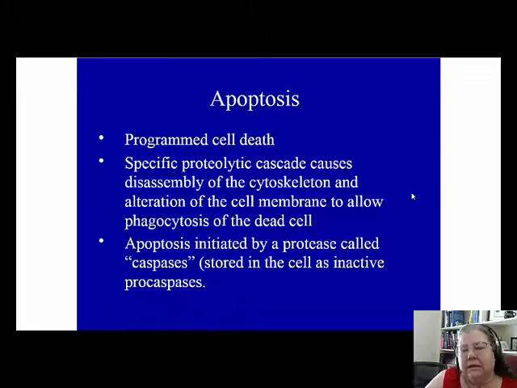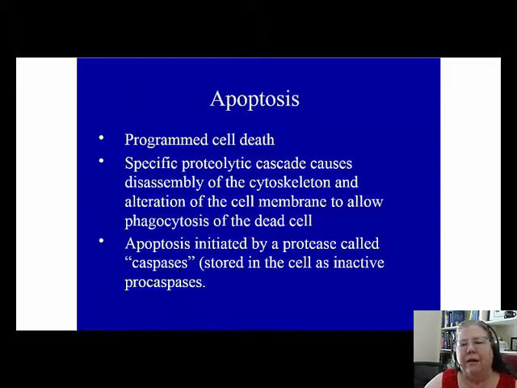So this term apoptosis means programmed cell death. It's a cascade of proteolysis, from lysosomes, that disassembles the cytoskeleton. It allows the cell membrane to begin to disintegrate so that other cells can phagocytose the dead cell and basically reprocess its substances for use in other cells.